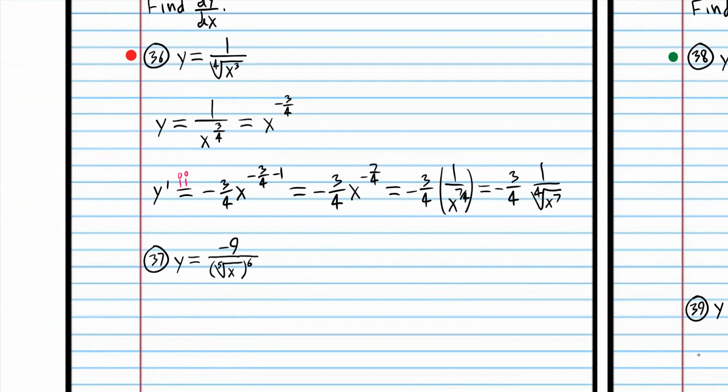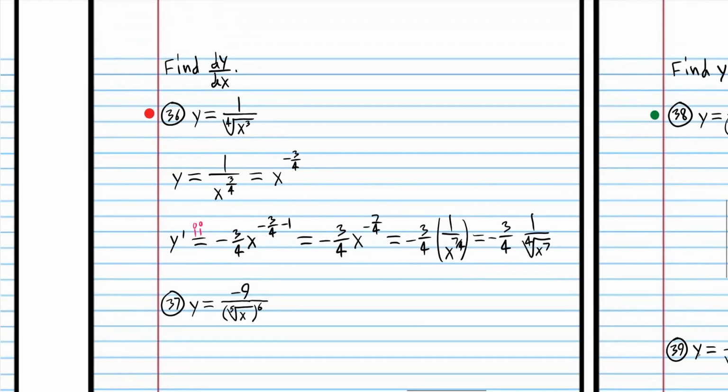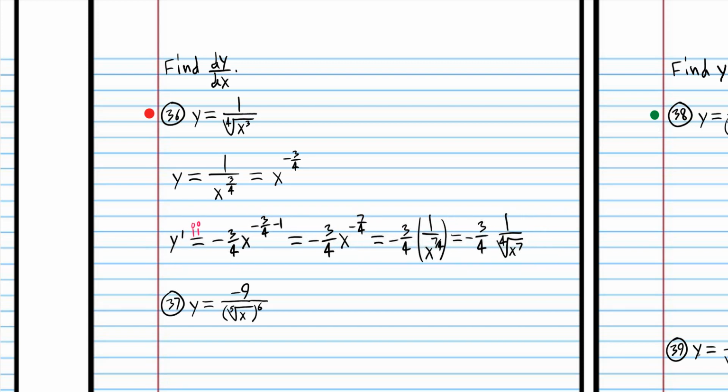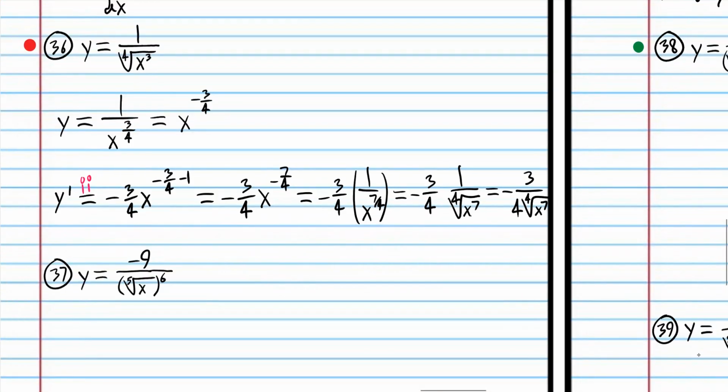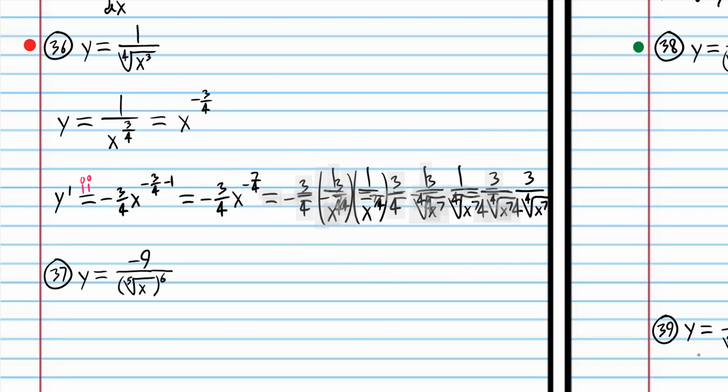And we're going to simplify that a little bit more. And we'll have our answer. So we can write negative 3 over 4 times the 4th root of x to the 7th. So let me make some more room here. And that's our final answer.